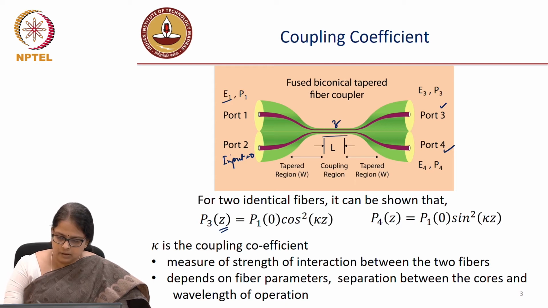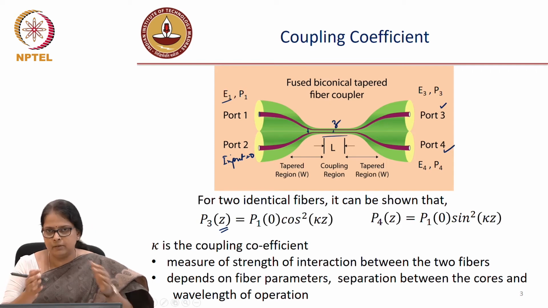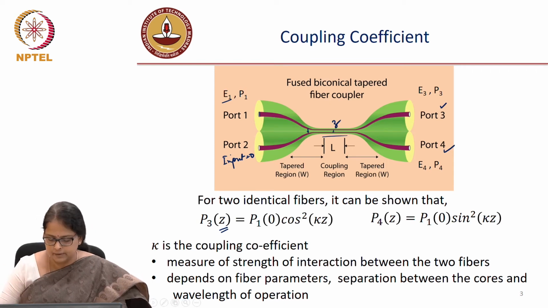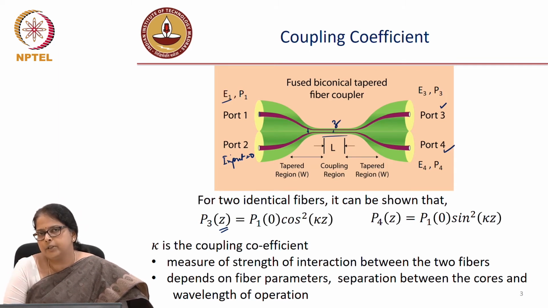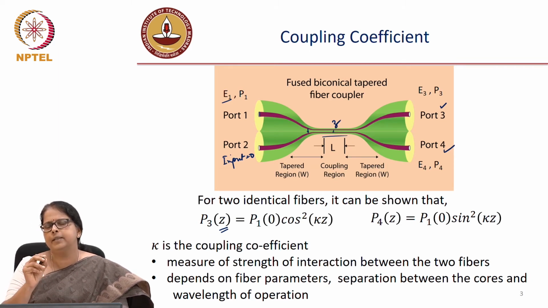It depends on the core diameter, the core-cladding refractive index contrast, the separation between the cores when you started coupling the fibers, and also on the wavelength of operation. We are not going into details of how to find this coupling coefficient, but let's say for a given set of fibers there is a certain kappa.